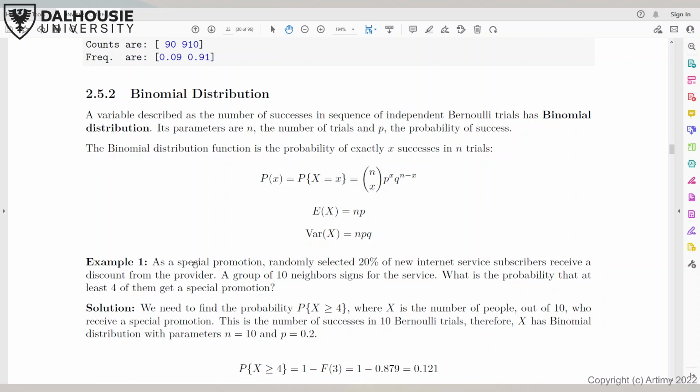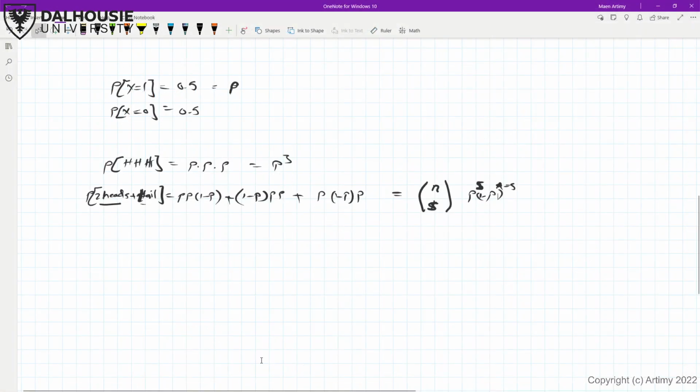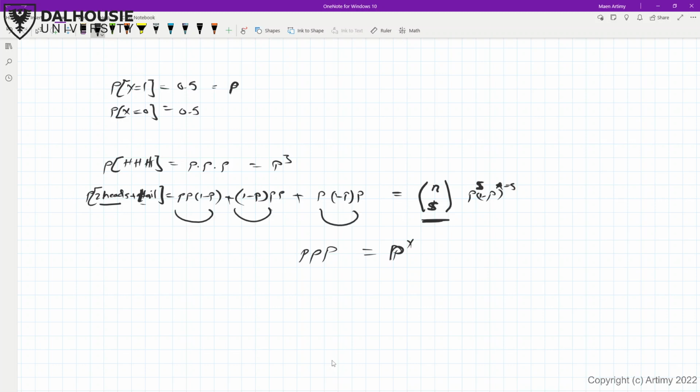Then you imagine that we have multiple successes, so that will be equivalent to p to the power x. This term here is to give us these multiple combinations.